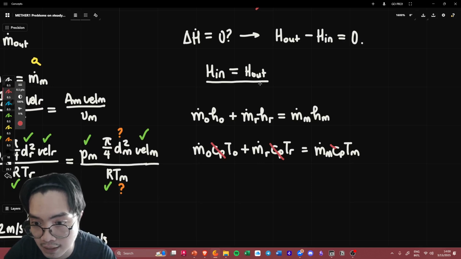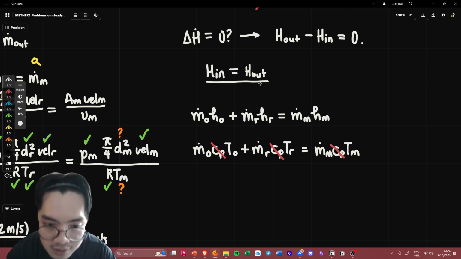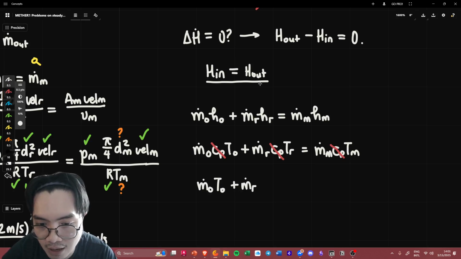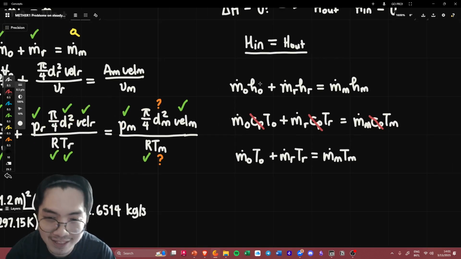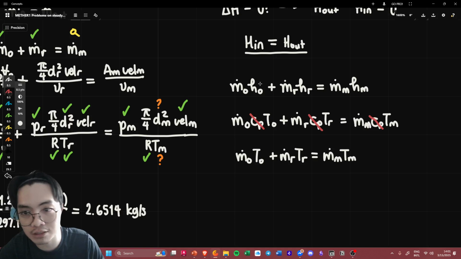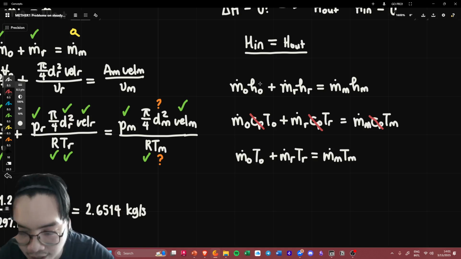Cancel, cancel, cancel. And what happens now is that you can see your MO TO plus MR TR is equal to MM TM. So this might look like a temperature balance kind of thing, but there's an explanation to this. I don't want to go much into detail as to why. Sir Kalau has an explanation of that.